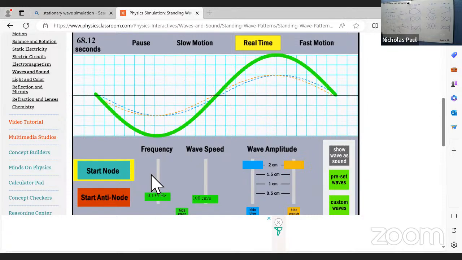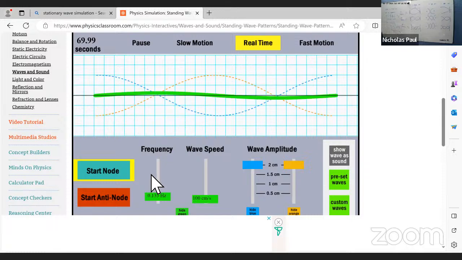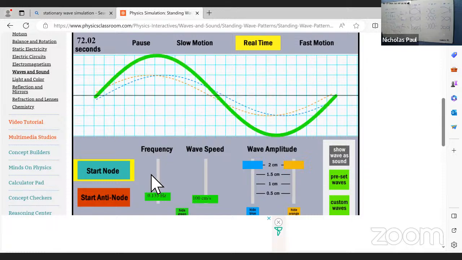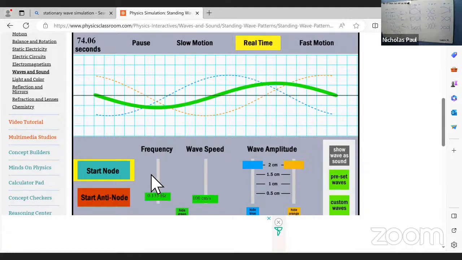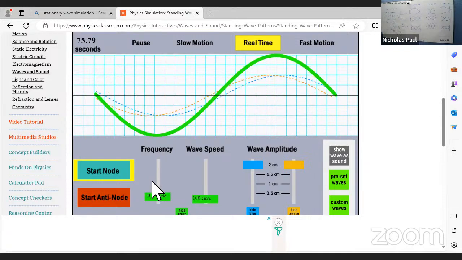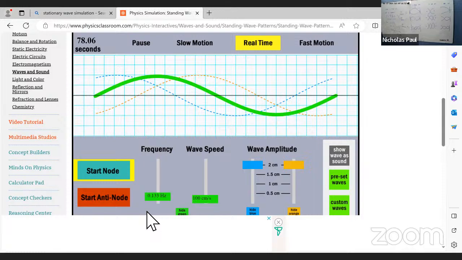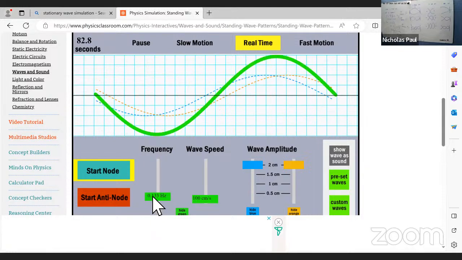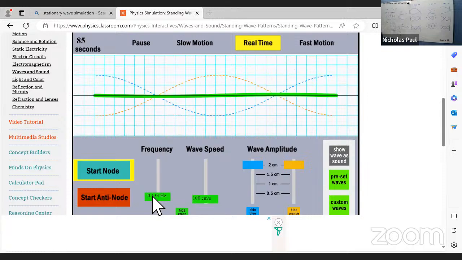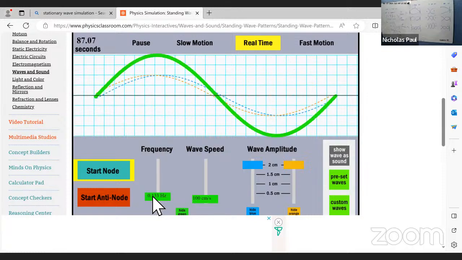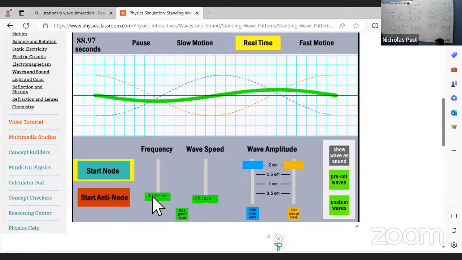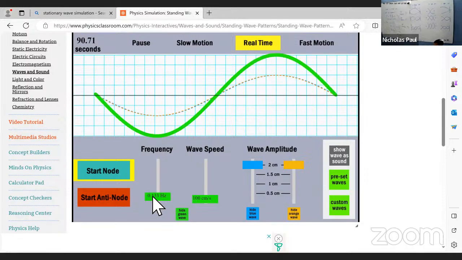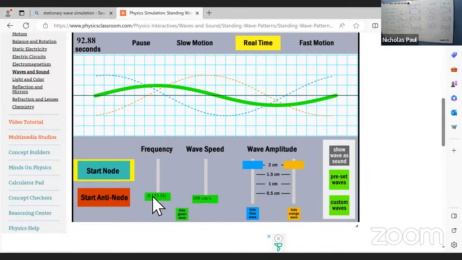And when will the third harmonic be? Multiply the initial number by 3. That gives 0.198.